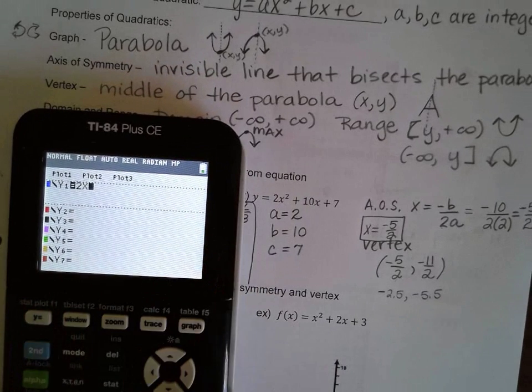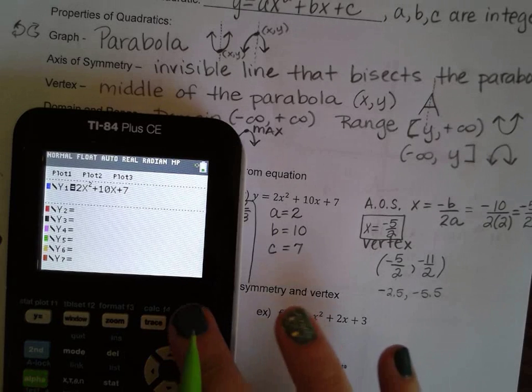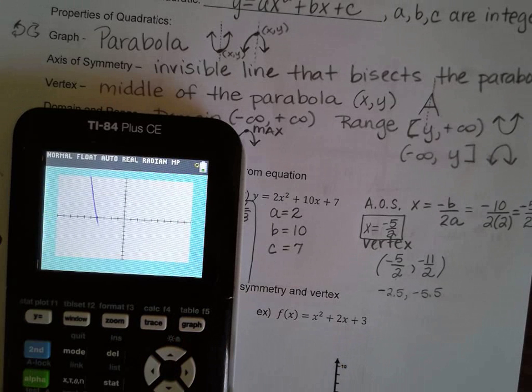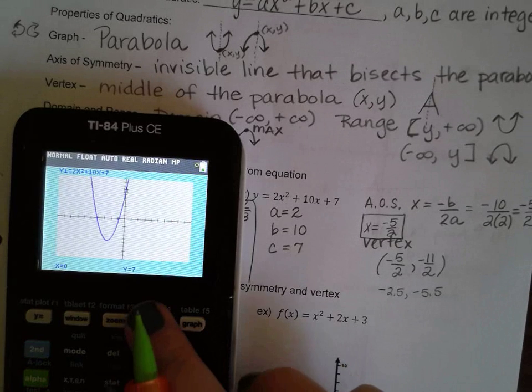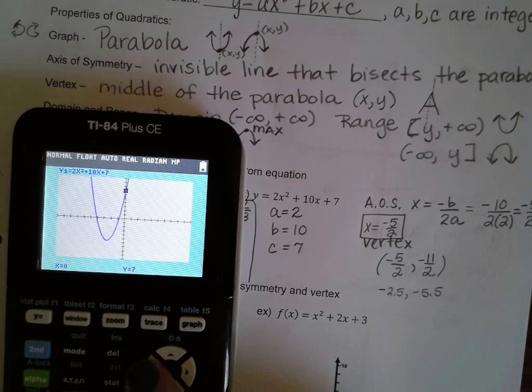So 2x squared plus 10x plus 7, and hit graph. Okay, there's your picture. So if we hit trace, which is right next to graph, and then arrow over to where we think the middle of the parabola would be, try to find it the best that we can.